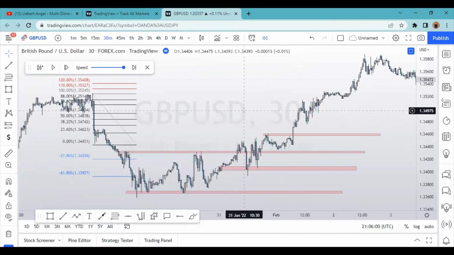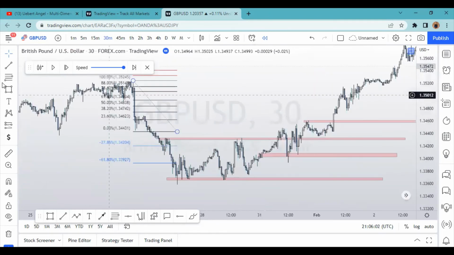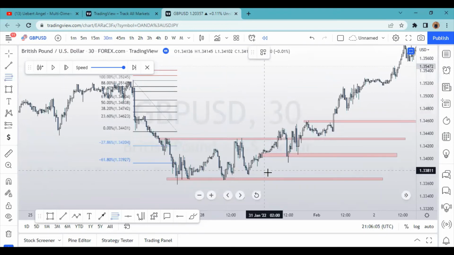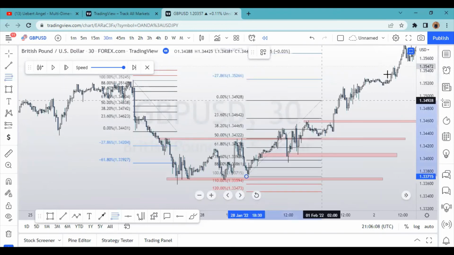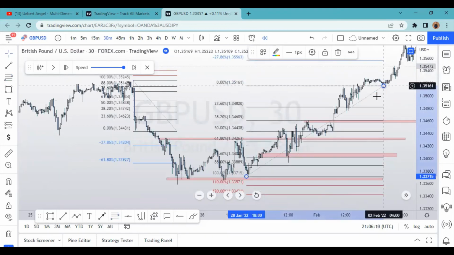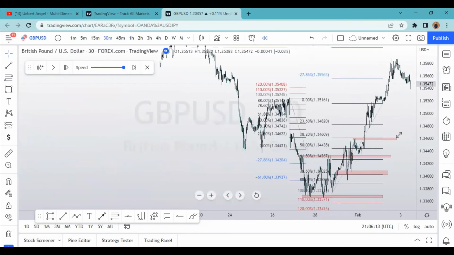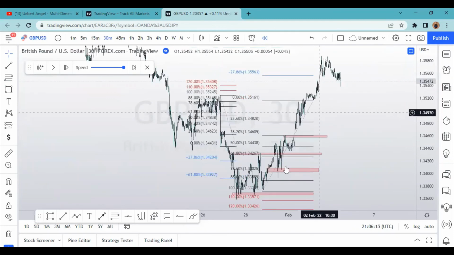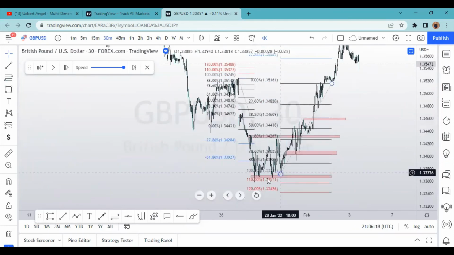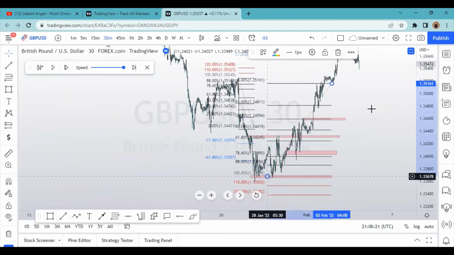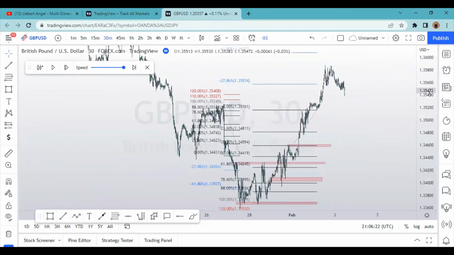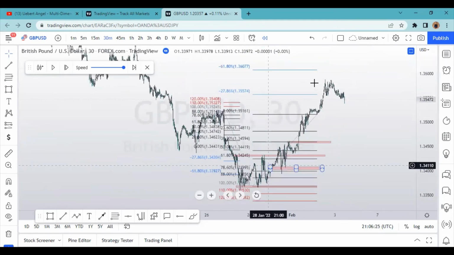You measure the price to see where price has gone. Take it from this high to this low to this high here. And then this is an entire impulse move on its own.